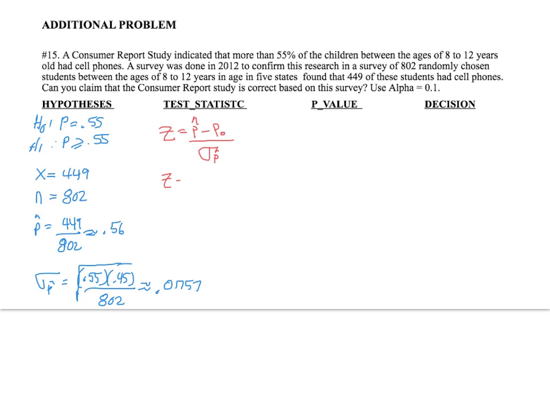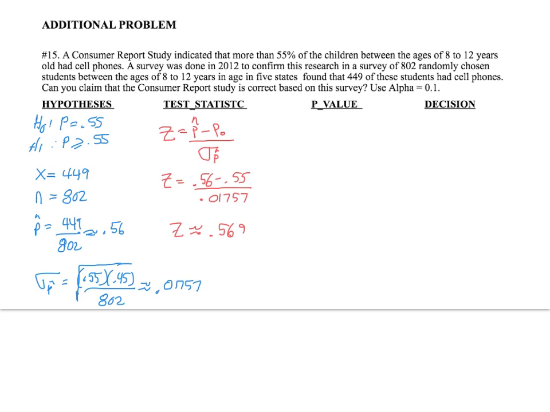So z is equal to 0.56 minus 0.55 divided by 0.01757, right? And z is approximately equal to 0.569, right? So now we're going to get a p-value.